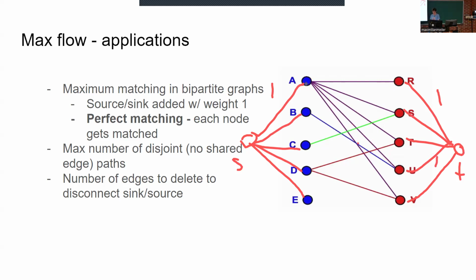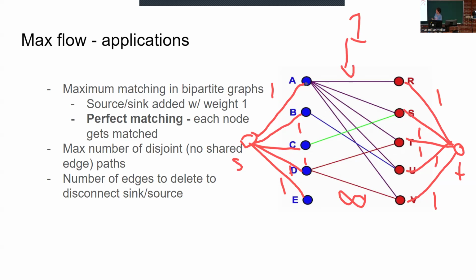But there will only be one matching coming from A and one matching matched up with U. Essentially, to make sure everything is only used once, we give every edge from the source and the sink a weight of 1. I think it also said in the slides that it doesn't matter what we assign these. So you can just say on a test that we assign every edge weight 1, or every edge weight infinity, or these ones weight infinity. It doesn't matter because ultimately it's going to be bottlenecked by these ones.